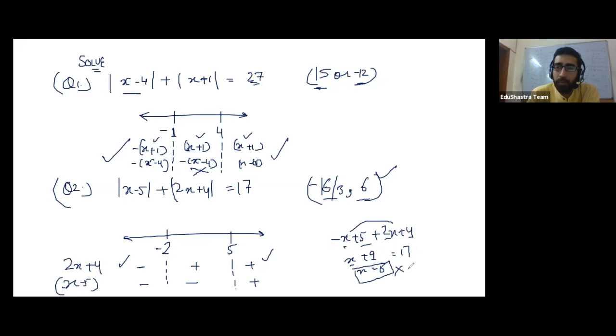But that is not an acceptable solution because x has to lie between minus 2 and 5. It cannot be more than 5 or less than minus 2. So x equal to 8 is not acceptable, and thus you do not again have a solution for the range in the middle.